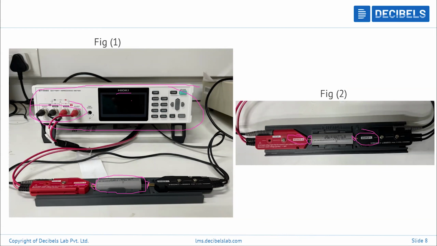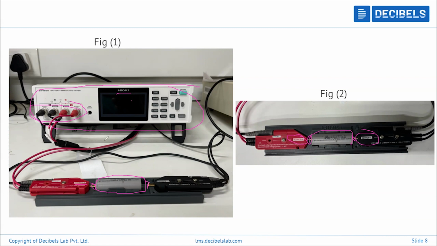The purpose of this 4 probe is that one probe captures the resistance of the cell, and the other probe measures the resistance of the cable. Even that has some resistance, right? If there is metal, there will be some resistance.